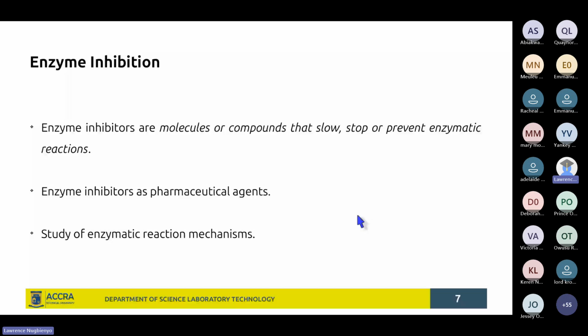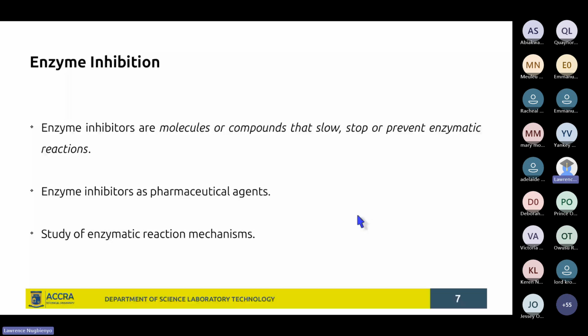And we did talk about the fact that inhibitors were substances that either slow down or prevent reactions from occurring. Those are inhibitors, as opposite of activators, some of which were the coenzymes and the cofactors which we looked at.